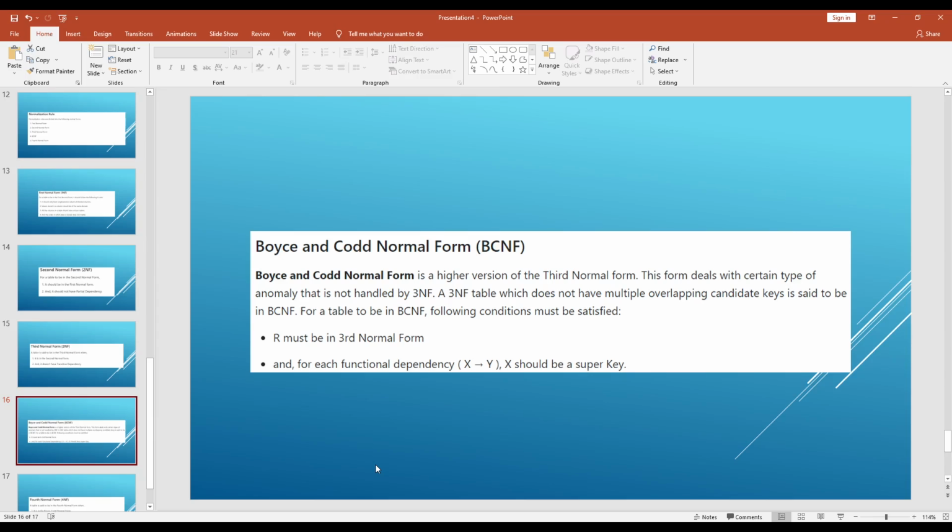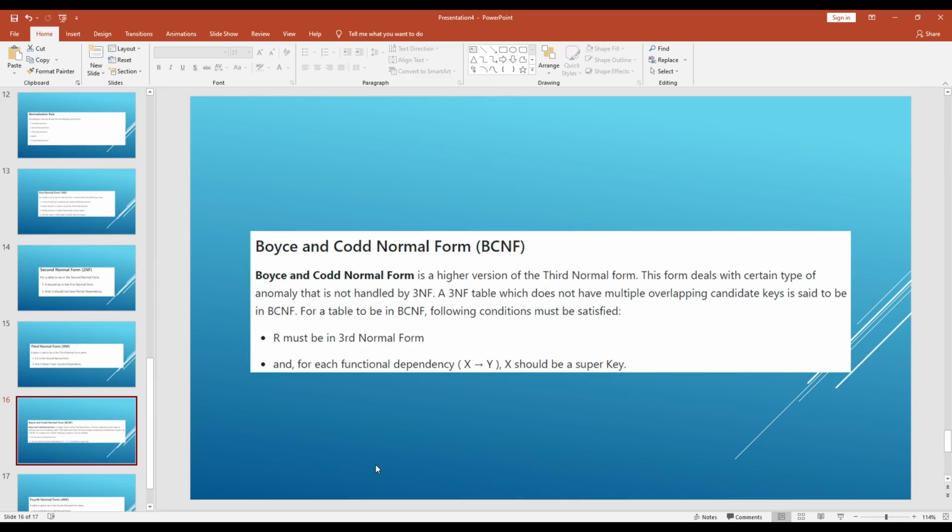Boyce-Codd normal form, BCNF. Boyce-Codd normal form is a higher version of the third normal form. This form deals with certain types of anomaly that are not handled by 3NF. A 3NF table which does not have multiple overlapping candidate keys is said to be in BCNF.